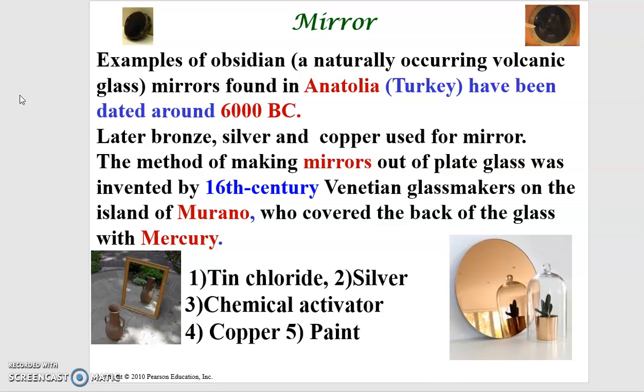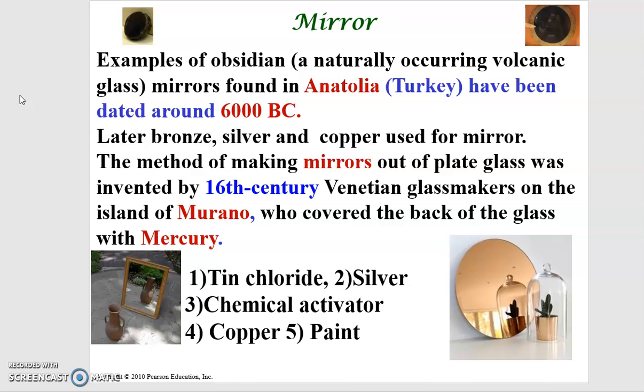Now let's take a look at the history. When light interacts with a material, it will be reflected, and one of the most useful examples is the mirror. When you look at yourself in a mirror, you can see your own image. But why? Let's look at the history first. Around 6000 BC, people found a material in Turkey called obsidian that could be used as a mirror.